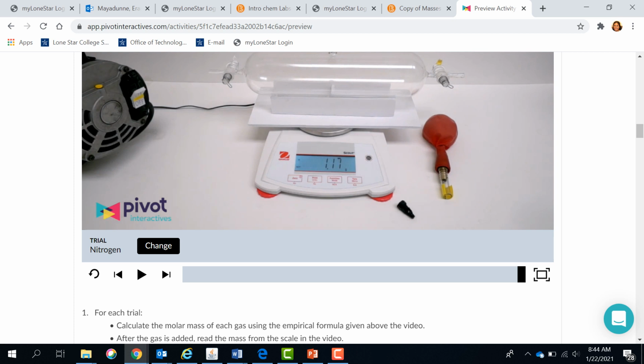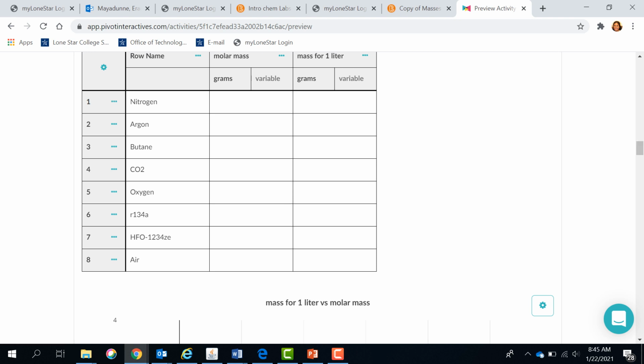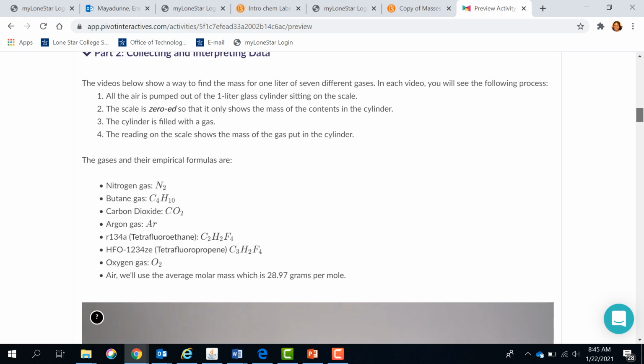You already calculated the molar mass, and from the simulation you can get the mass of 1 liter of the gas. So you calculate the molar mass for each gas. Nitrogen and argon, you don't have to calculate because you can get them directly from the periodic table. Then butane, carbon dioxide, oxygen, and R134A. You look up what this R134A is.